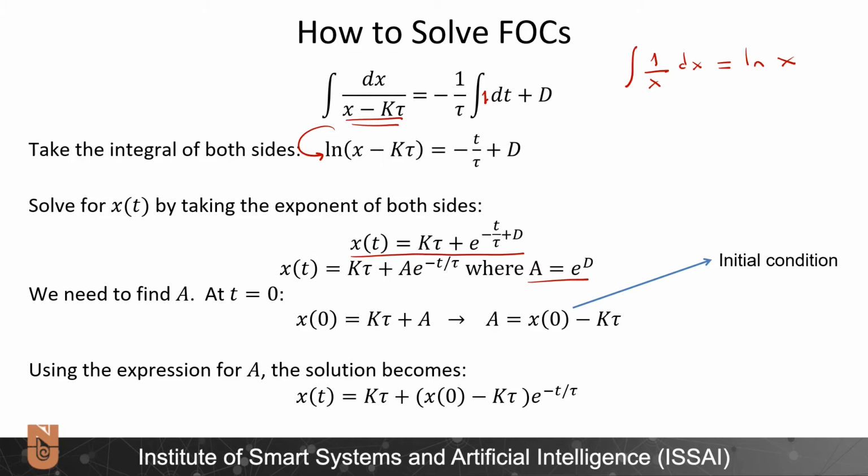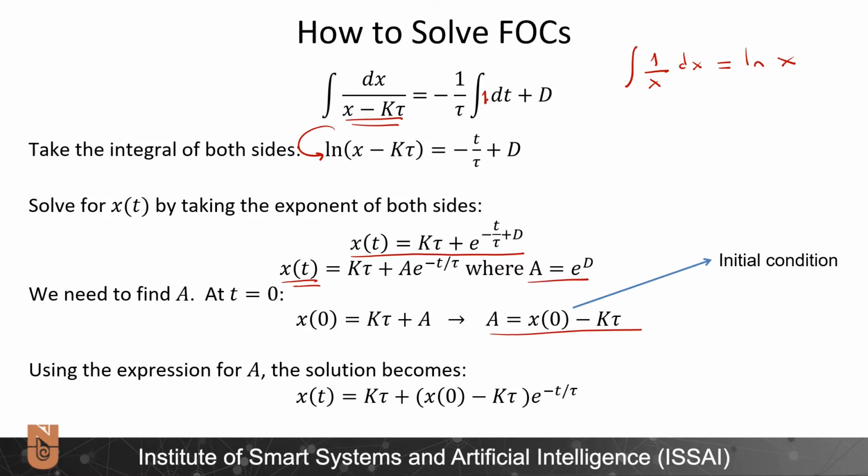In order to do this, I will utilize the initial condition of the circuit. If I plug into this expression t is equal to 0, that expression becomes k times tau, that's a constant, plus A times e to the power of 0. e to the power of 0 is equal to 1. Therefore, A is equal to x0 minus k times tau.